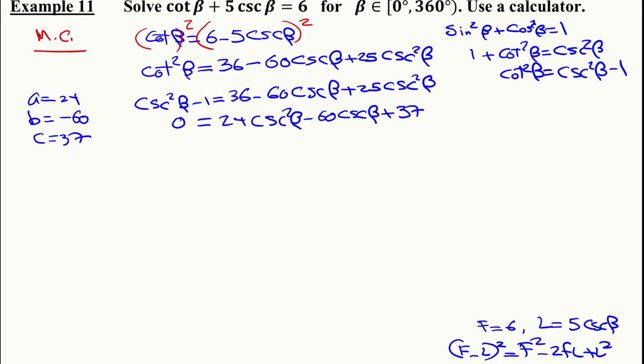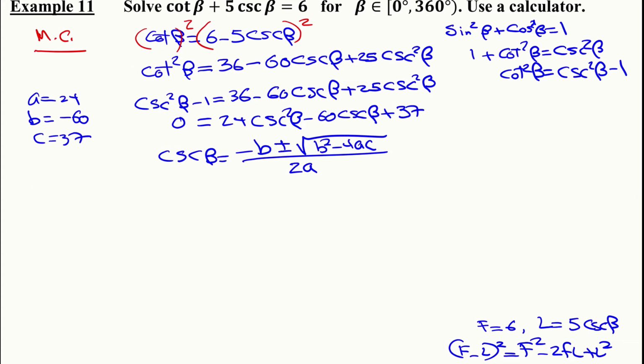So we don't get X equals the quadratic formula, we get cosecant of beta equals negative B plus or minus square root of B squared minus 4AC over 2A. Of course, what I meant is that on the left side of the quadratic formula, you don't get X, you get cosecant beta. I didn't mean for the quadratic formula as a whole.